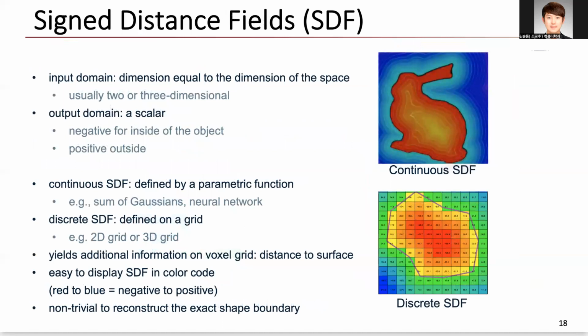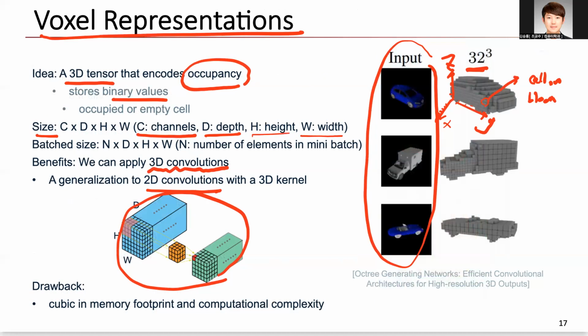So after that, to overcome the drawbacks of the voxel representation, I will just skip the batch size for now.